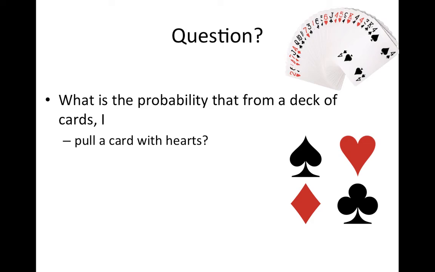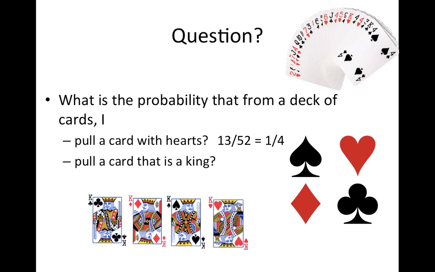There are 13 hearts in a deck of 52 cards, so the probability is 13 out of 52, which is 1 in 4. Now, what is the probability that you pull a card that is a king? There are 4 kings in a deck of 52 cards. The probability is 4 out of 52, which is 1/13.